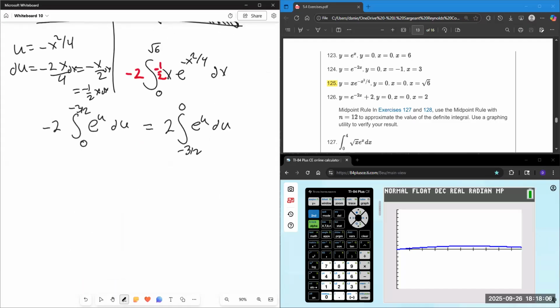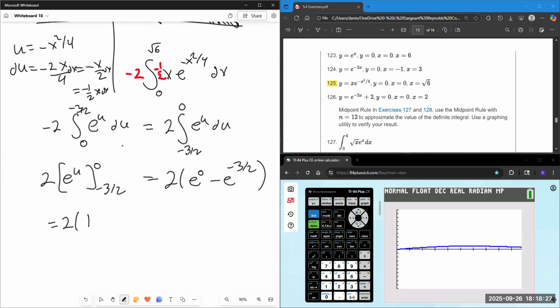So that is 2 e to the u evaluated from -3/2 to 0 is equal to 2 times e to the 0 minus e to the -3/2, which equals 2 times 1 minus 1 over e to the 3/2, is 2 times e to the 3/2 minus 1 over e to the 3/2.